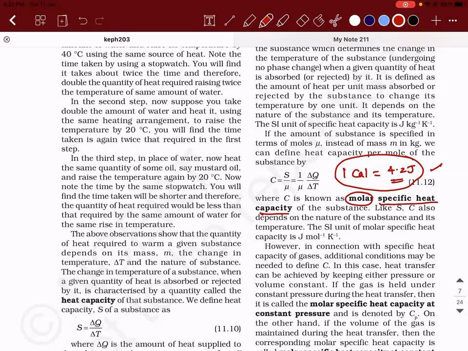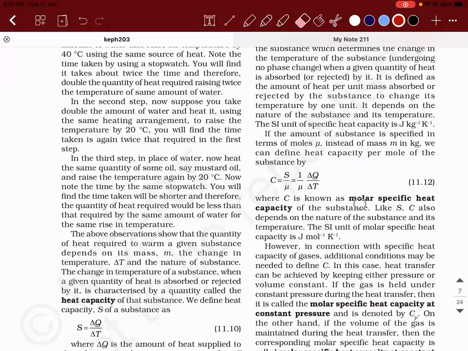Now what is the quantity of substance you need to take to define specific heat capacity? I just now told you. It is unit mass of a substance.